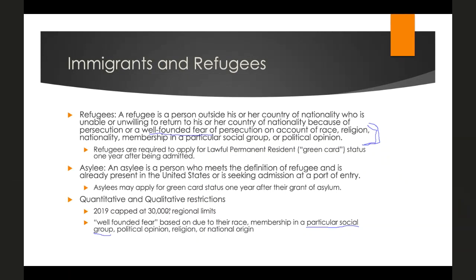How this well-founded fear gets interpreted is up to DHS officials. You have to pass this credible threat interview. So there's all sorts of discretion here in actually granting admission based on refugee and asylum status.